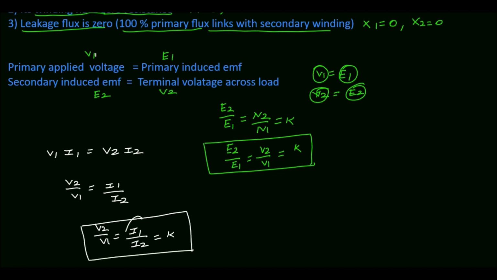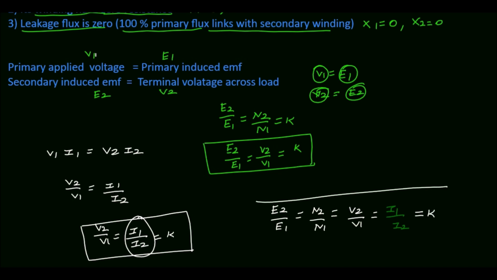So I1 by I2 is the current transformation ratio. Finally we can write E2 by E1 is equal to N2 by N1 is equal to V2 by V1, which is equal to I1 by I2, which is equal to K. Here one thing we have to observe: the current transformation ratio is the reciprocal of the voltage transformation ratio.